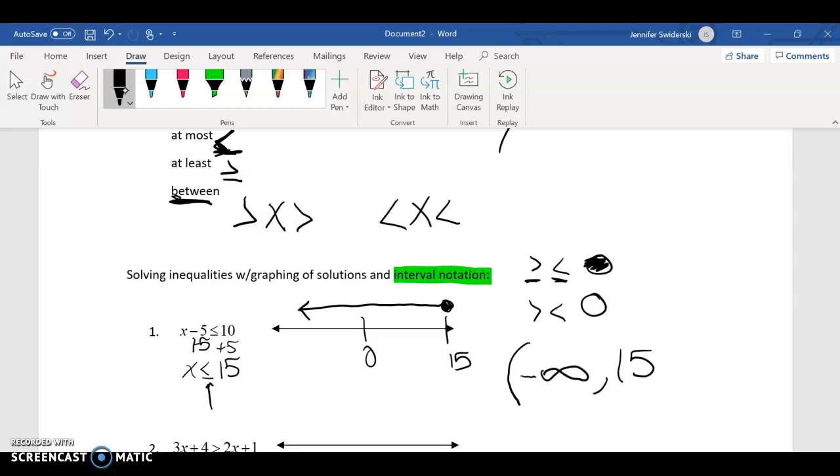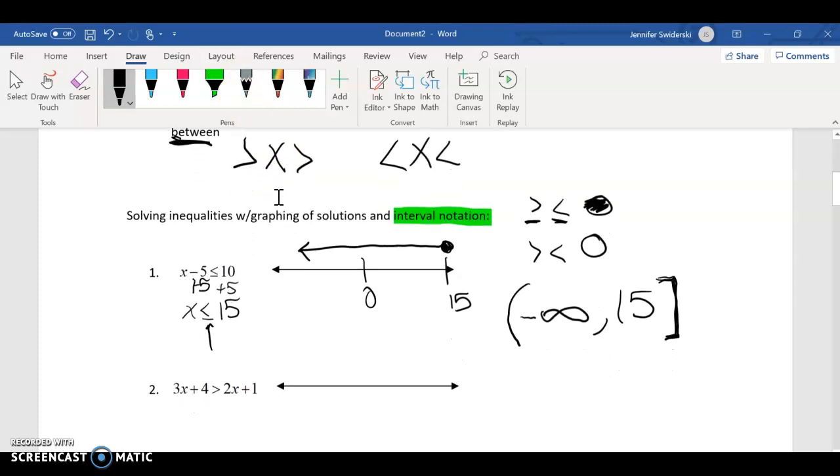And it includes 15, which means if something includes 15, you're going to use this little bracket, all right? So 2 things you need to know: basically, it goes all the way to the left, where it hits negative infinity, and 15. Now, anytime you use these brackets, it means that number is included, all right? And these parentheses mean that that number is not included, but it's really close. Negative infinity we'll continue to touch base with in class, okay?